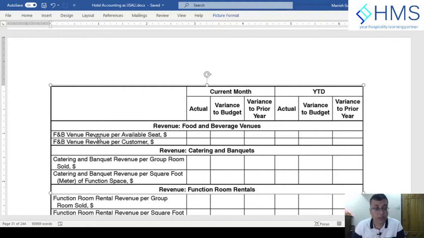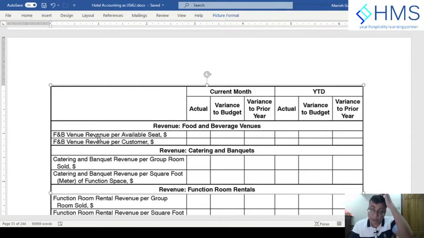Then you have catering F&B revenue per square feet of function space. Sometimes you have very large function rooms but very little usage, maybe a once-a-day function, twice a day function. Sometimes the functional facility is very small, but the turn time is very fast, because you are turning around the function maybe twice a day or 3 times a day.